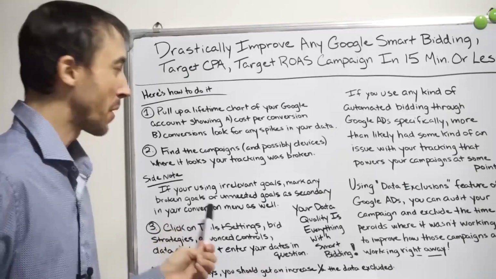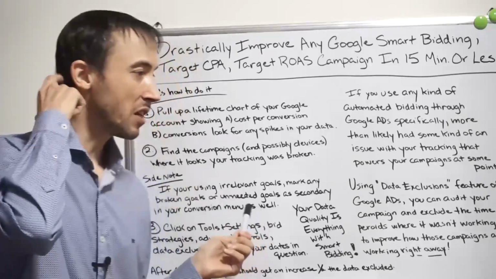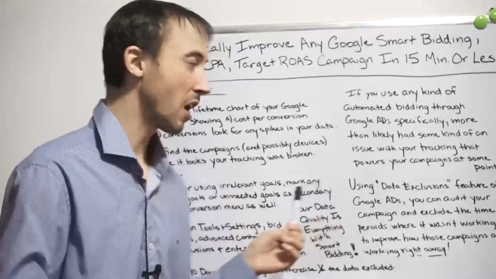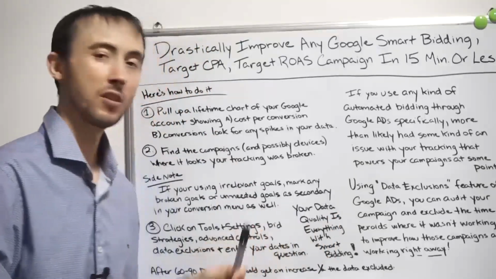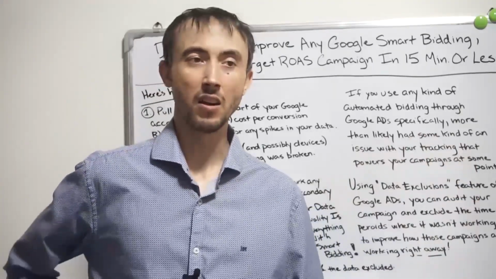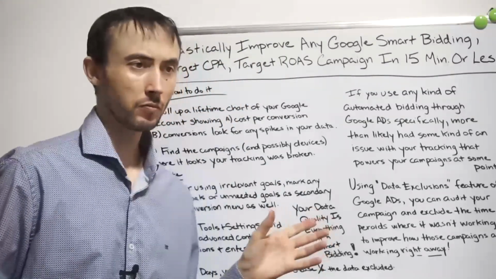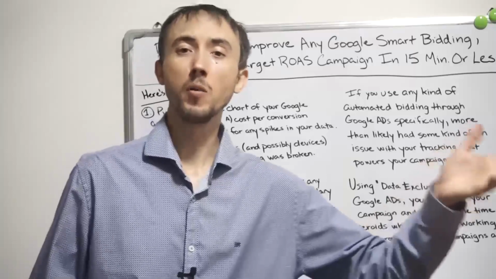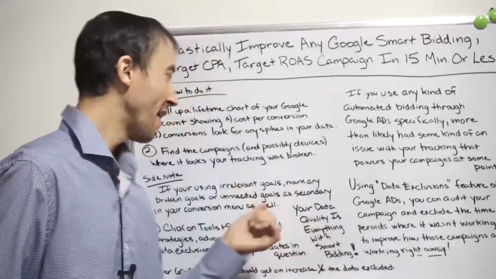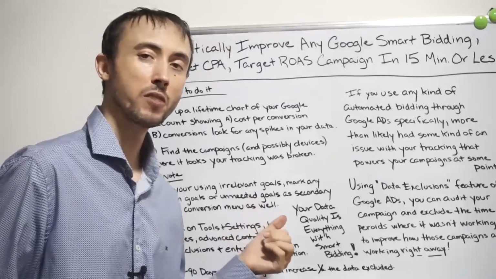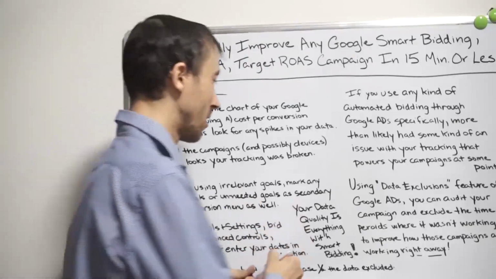So basically, regarding the goals that you don't need, as a side benefit to yourself, you might as well do this. Any of these crappy goals, like 3 minutes on site or whatever, or learn more button clicks, you can now change those goals in the conversion menu to secondary.